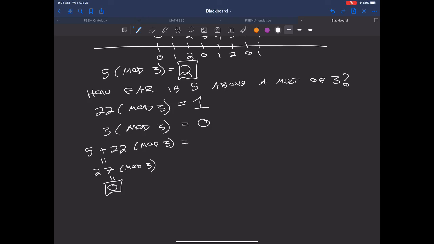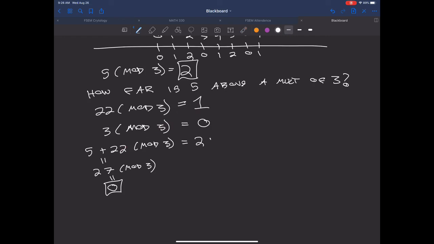But there's another way that we can do this. We can actually replace the 5 with what it is, mod 3. So replace it with a 2, and replace the 22 with what it is, mod 3.